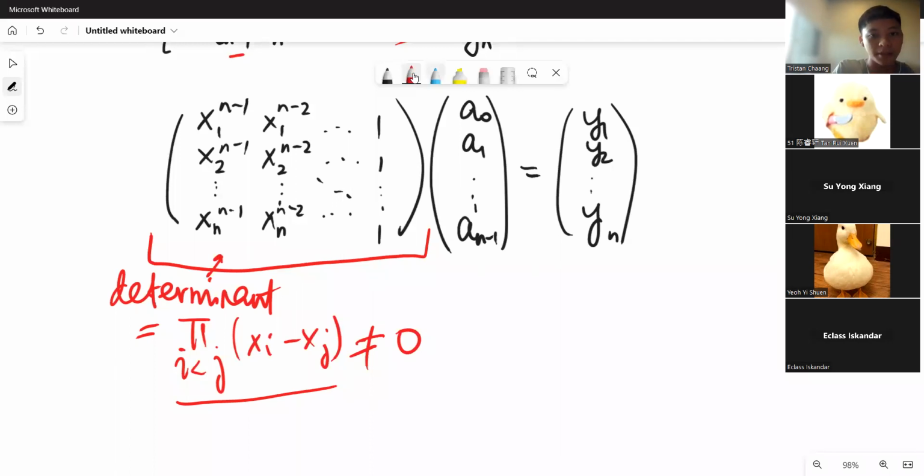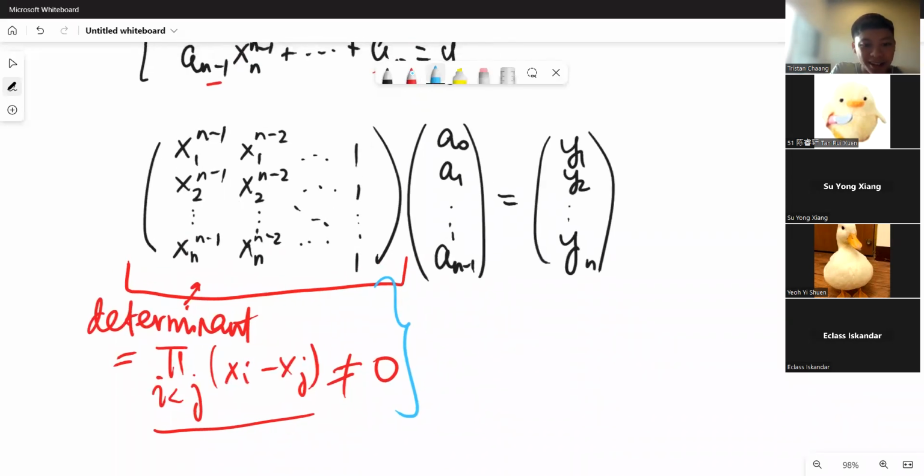If you know what I'm saying and you're interested in this, which is a very rare thing to happen, this is called the Vandermonde determinant. I'm not sure if I spelled that correctly.